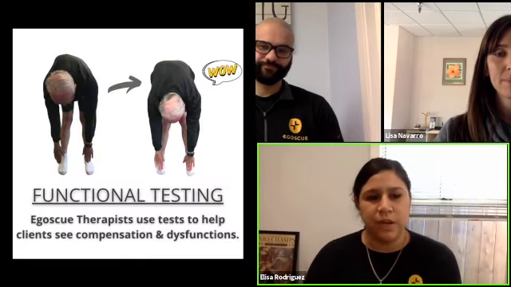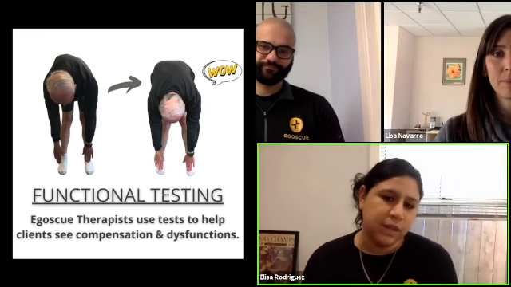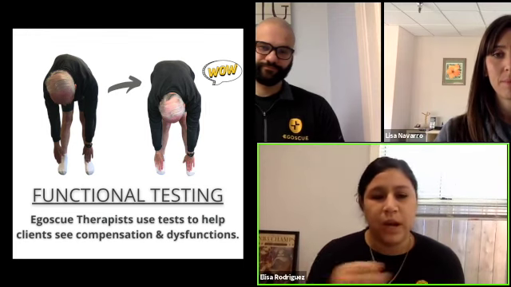I definitely agree with both of you. The order absolutely matters. And as you're going through an appointment, a great way to educate the client on why the order is the way it is for them is through the functional testing. As we're going through it, I like to highlight what I'm seeing and say, okay, remember we saw that your right hip was elevated with your hands behind your head, looking in the mirror.